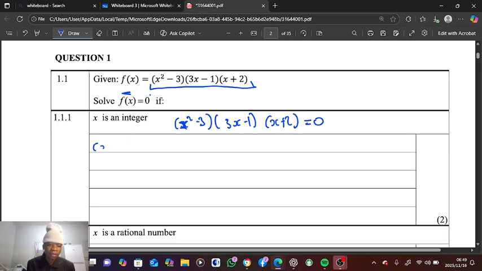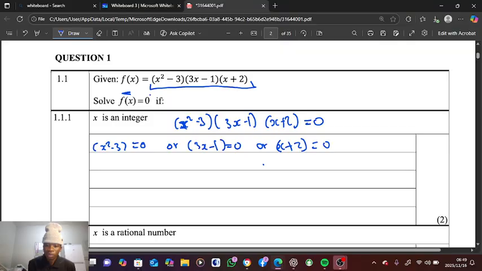We can say x squared minus 3 is equal to 0, or 3x minus 1 is equal to 0, or x plus 2 is equal to 0. Then we have to solve each x separately.